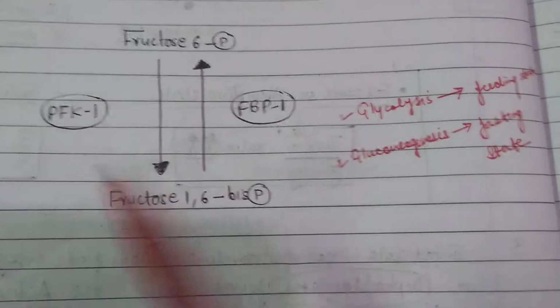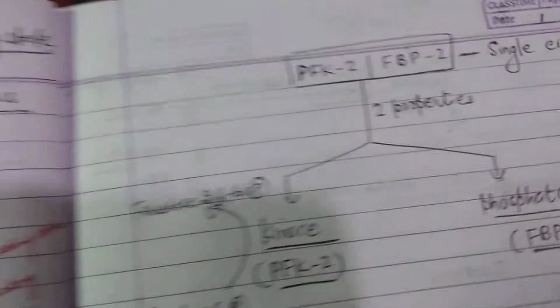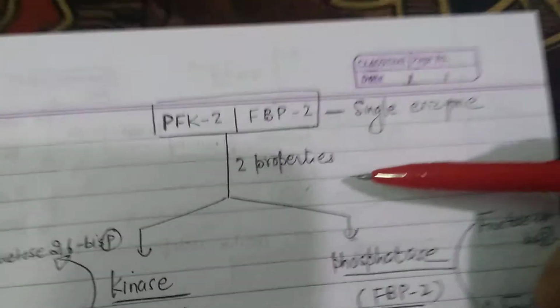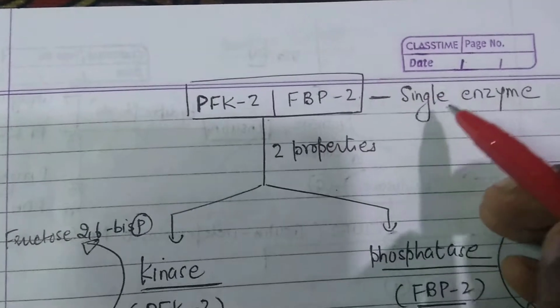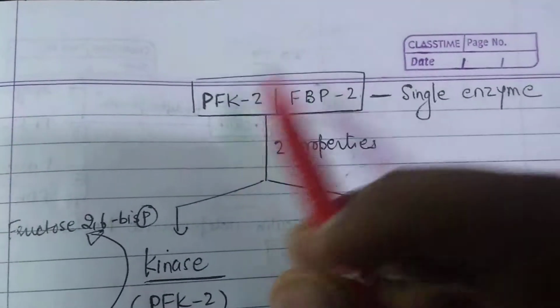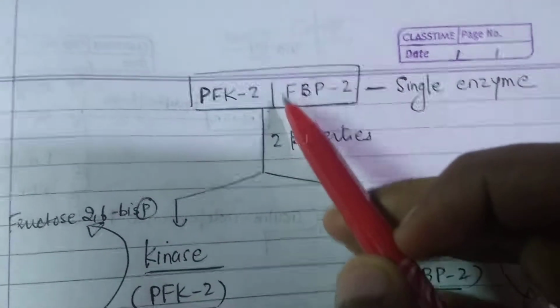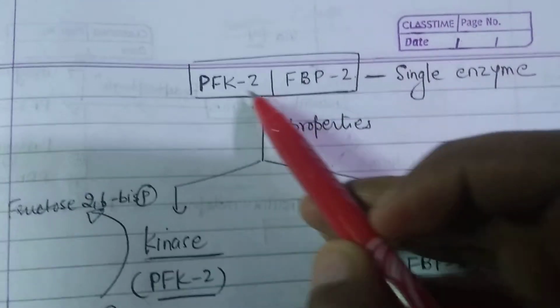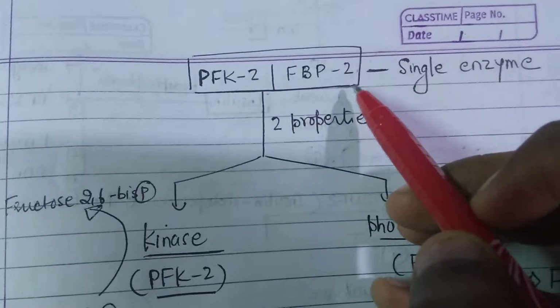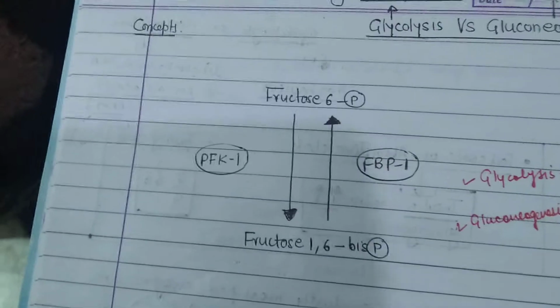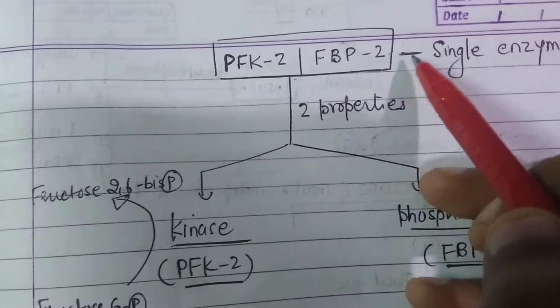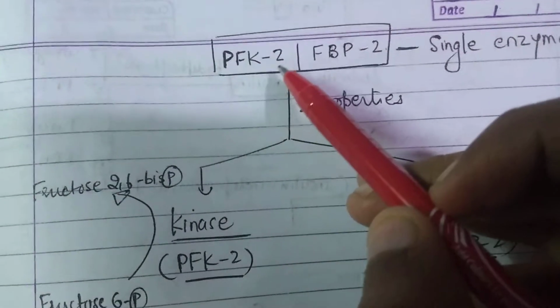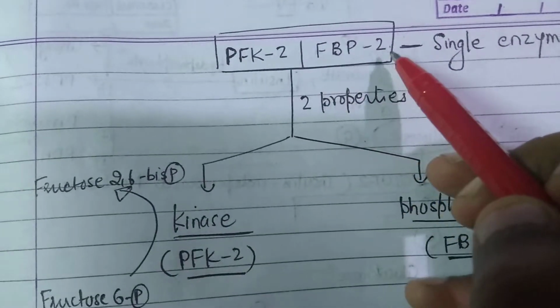And what is that regulation mechanism is this. You can clearly see here that this is a single enzyme, and this enzyme is PFK2 FBP2. What we just looked at is PFK1 and FBP1, but this is actually PFK2 and FBP2, phosphofructokinase 2 and fructose bisphosphatase 2.